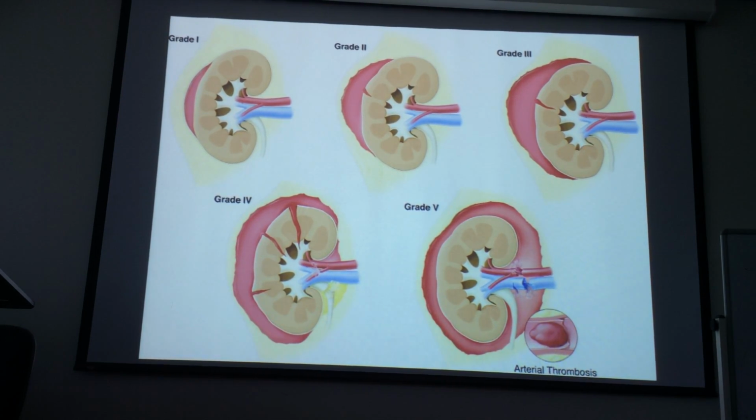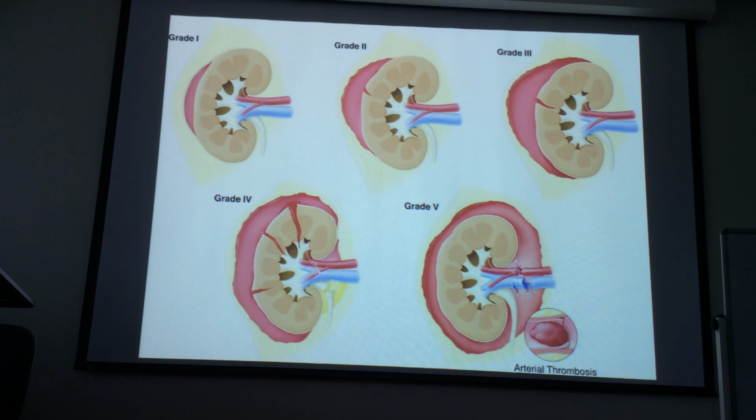The grading tells us what level of injury is there, and every level of injury has its own pattern of treatment. If someone is suffering from grade 1 renal trauma of the left kidney, it shows that there is accumulation of blood, but it is within the capsule, under the capsule of that kidney.